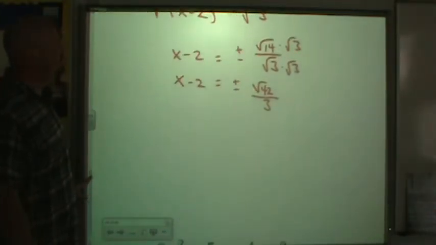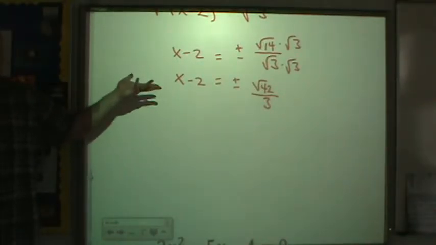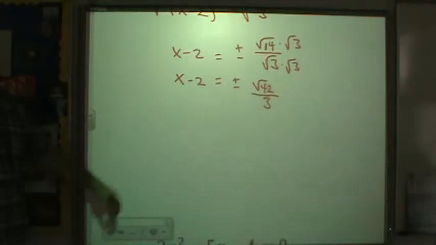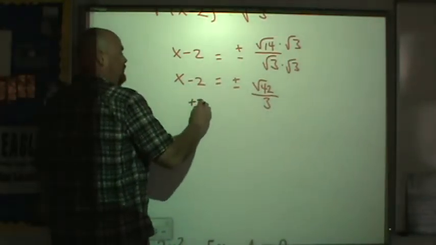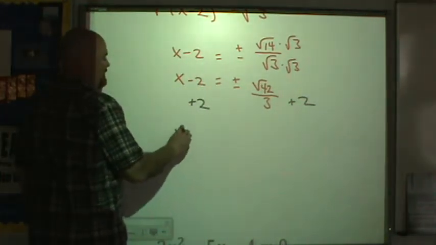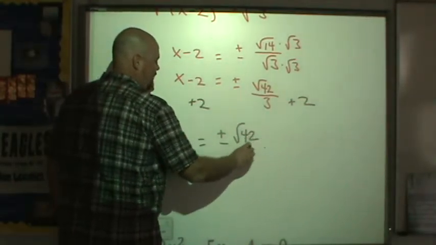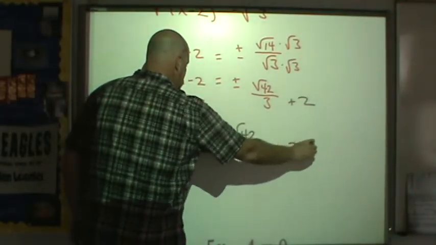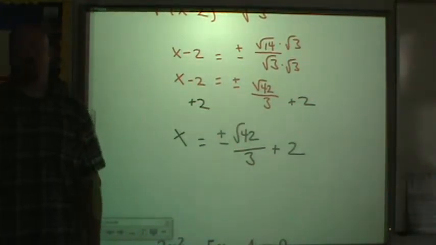You're next. It's horrible looking, I get it, but this is the process. And then lastly, I'll add 2 to this. So I'm going to add 2. And I'm going to add 2. It depends on how terribly horrible you want to get with this. Quite honestly, I'm okay with that as an answer.